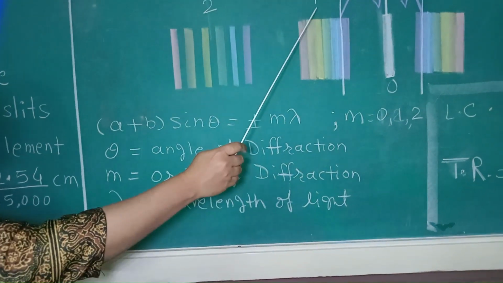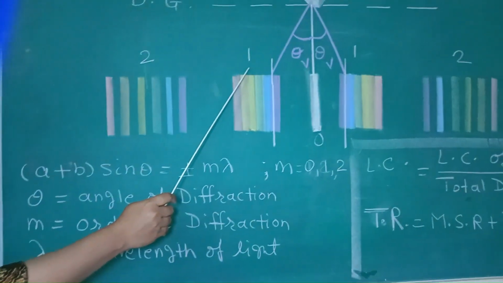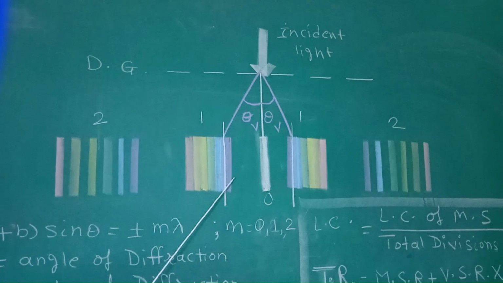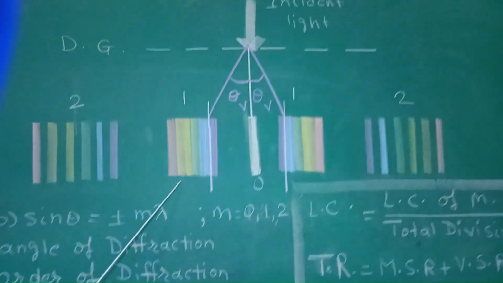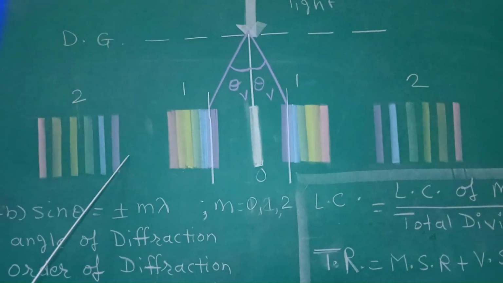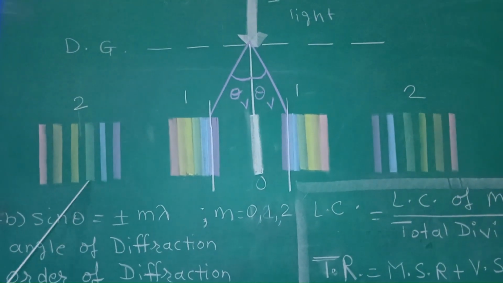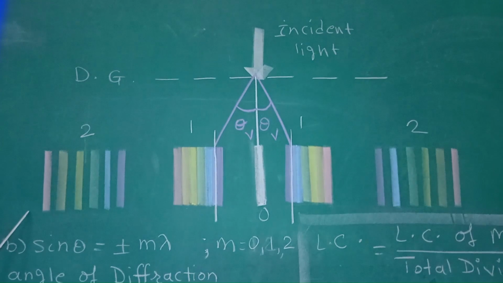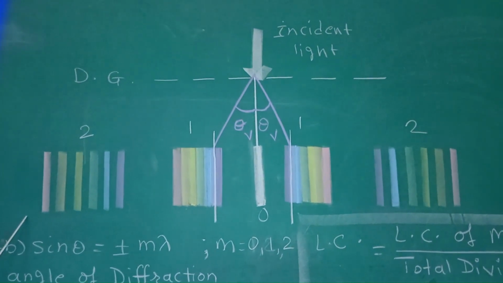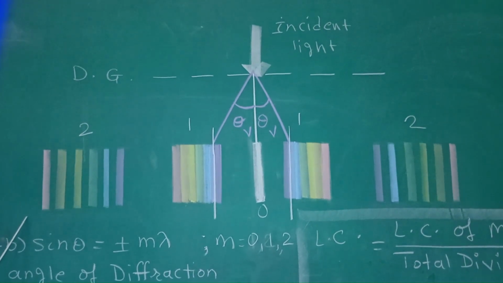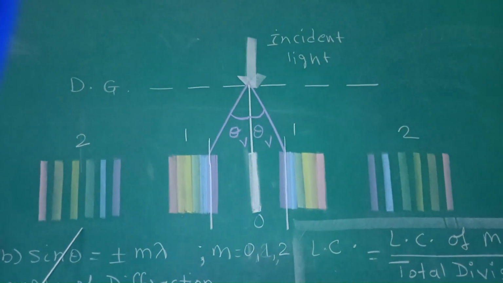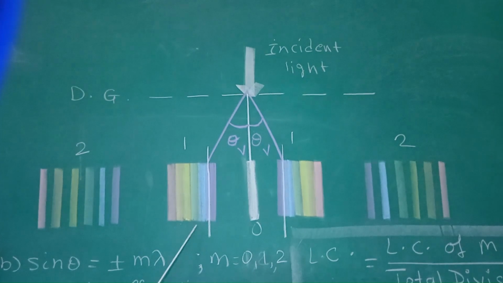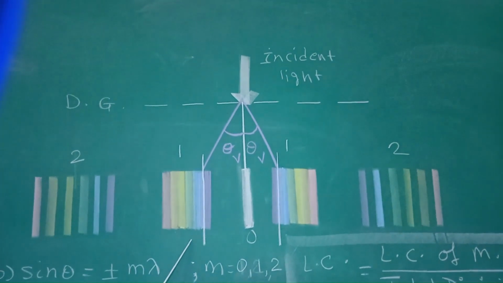This is the first order spectrum. Near the 0th order you will get the first order, then there is a dark space, and then you will get the second order spectrum. You will observe that the separation of colors in the second order will be larger than that of the first order spectrum.